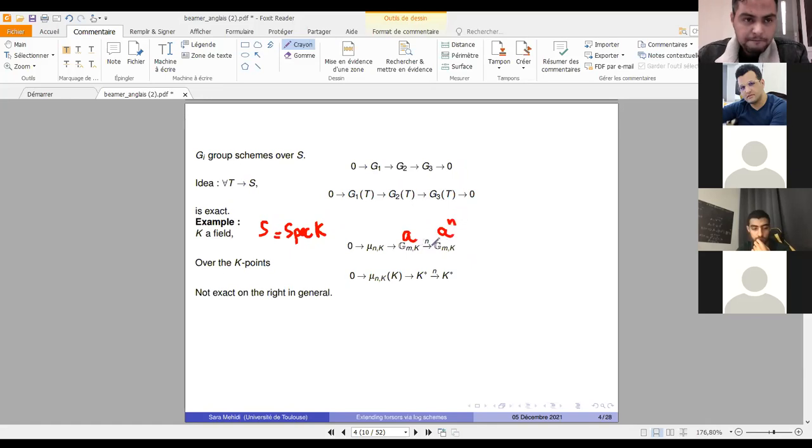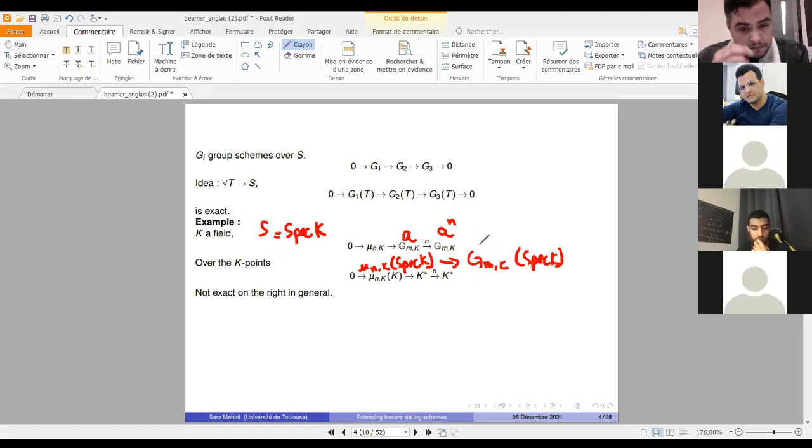So the kernel of this map is mu_n, the nth roots of unity. And now I compute these group schemes on the K-points. So here it's mu_n(K), where in practice we don't write Spec, we just write K. Here G_m(K).